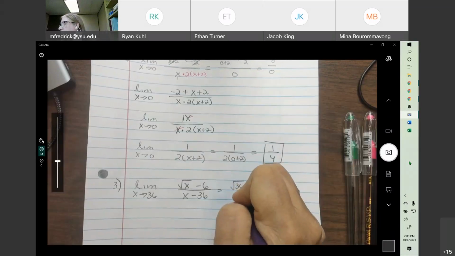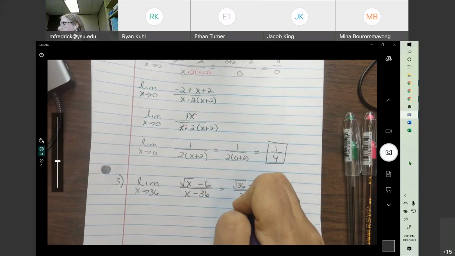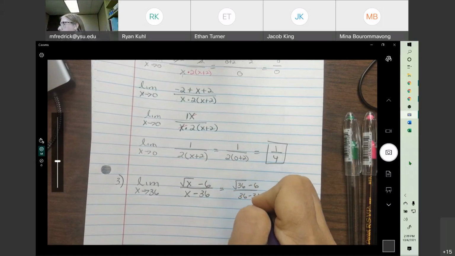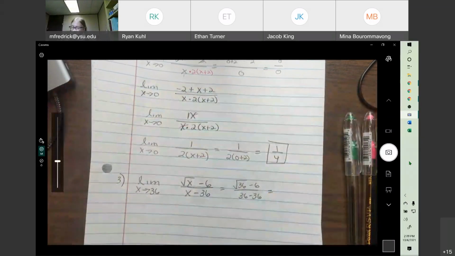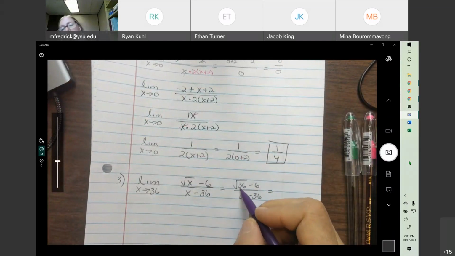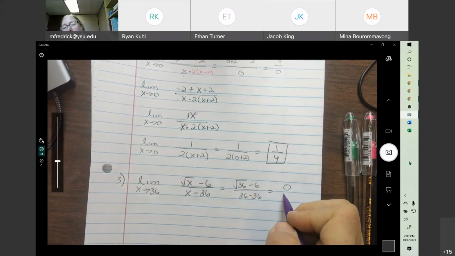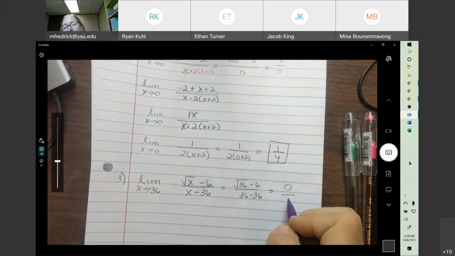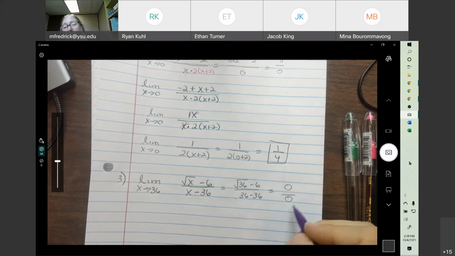So we plug it in. Are we getting 0 over 0? The square root of 36 is 6, and 6 minus 6 is 0. And then 36 minus 36 is 0. So that means we have to find a way to simplify. Any questions on that part?